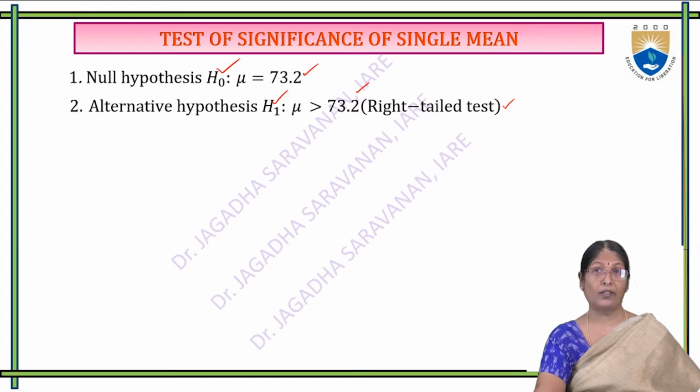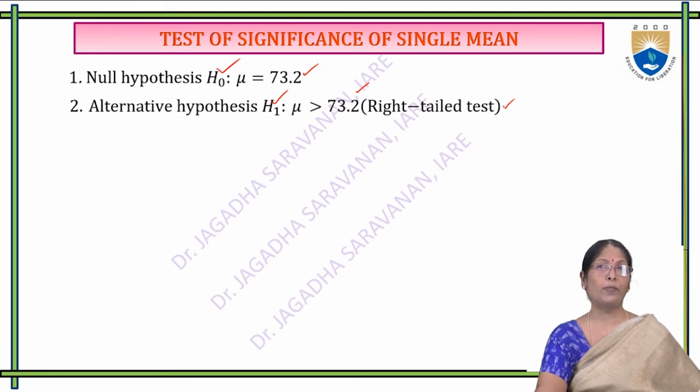But if in the question it is clearly given, decrease or increase, more than, less than, taller than, bigger than, like that, then strictly we have to use less than or greater than, right tail or left tail. If it is just a statement which is given, is there any difference? No, there is no difference.